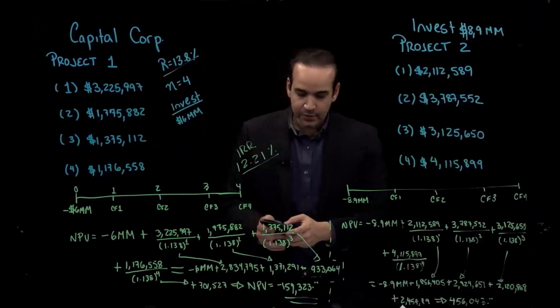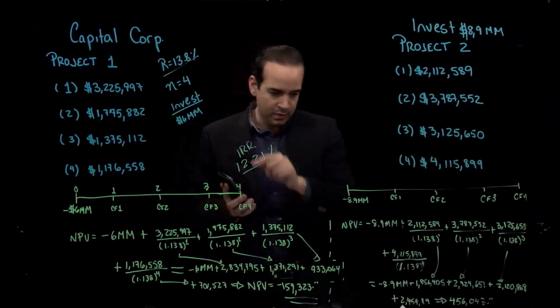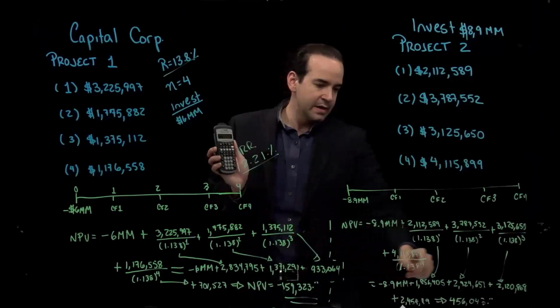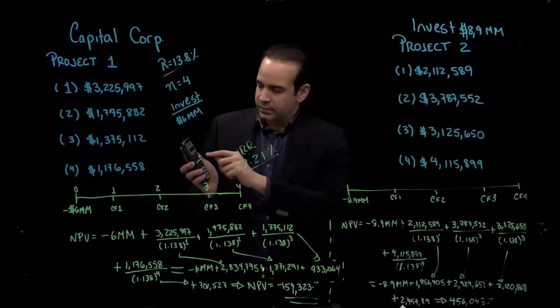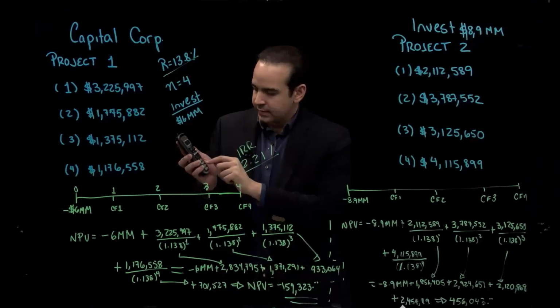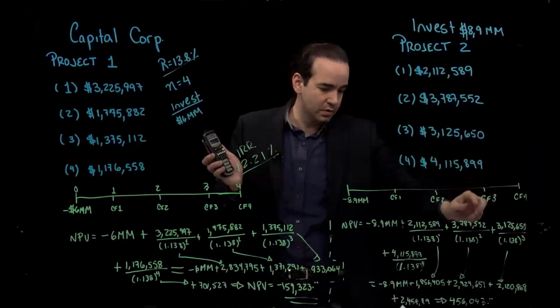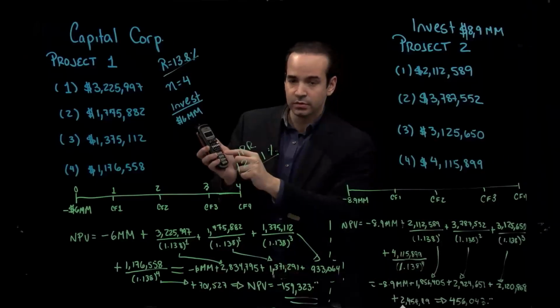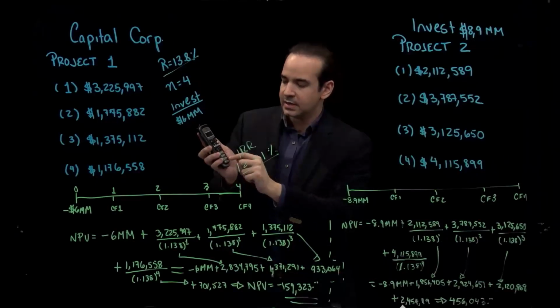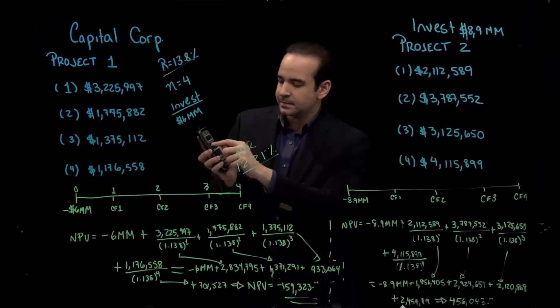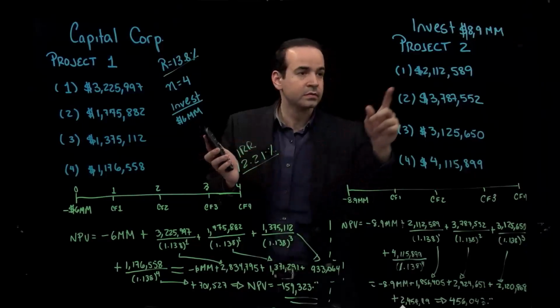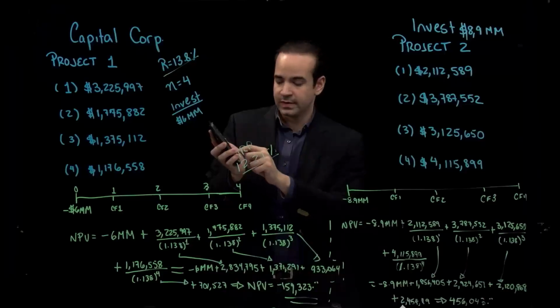Now, if we do this exact same thing, plug in all the values here, and calculate the internal rate of return, let's quickly do it. So cash flow 0, the investment, is going to be negative 8,900,000. Enter. And then cash flow 1, which is 2,112,589.